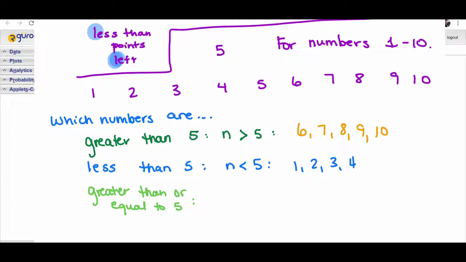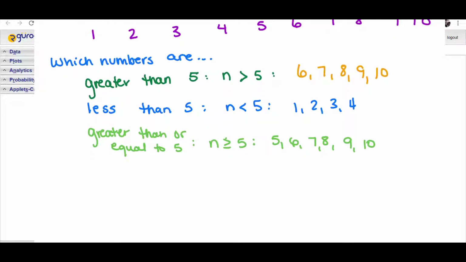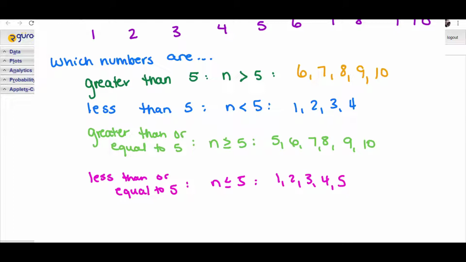So the numbers that are greater than or equal to 5 are 5, 6, 7, 8, 9, 10. And then if I had less than or equal to 5, it would be all the numbers that are less than 5, but also equal to 5. So it wouldn't just be 1 through 4, it would also include 5.